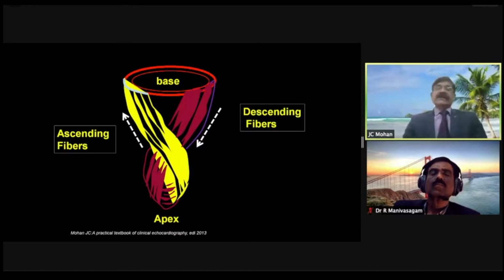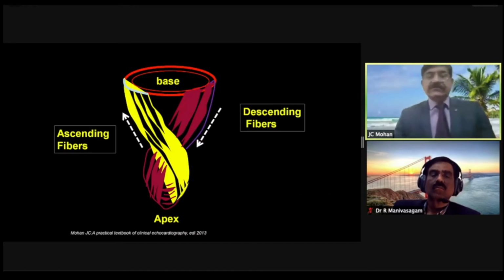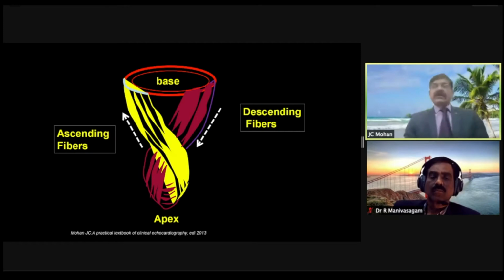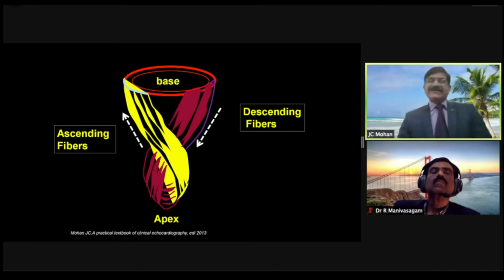The final thing is that this figure of 8 looks something like this. This is a cartoon drawn by me. The subendocardial region shows descending fibers, which are the ones affected earliest in the disease process. And whenever descending fibers are involved, the compensation comes from subepicardial ascending fibers to maintain ejection fraction. But the combination of the two is responsible for suction and ejection.